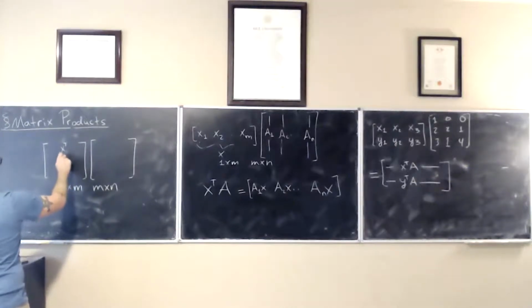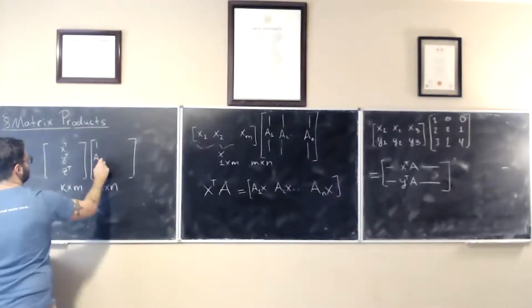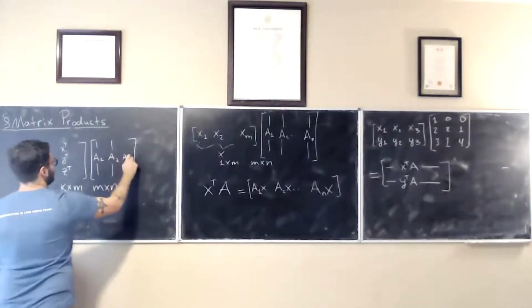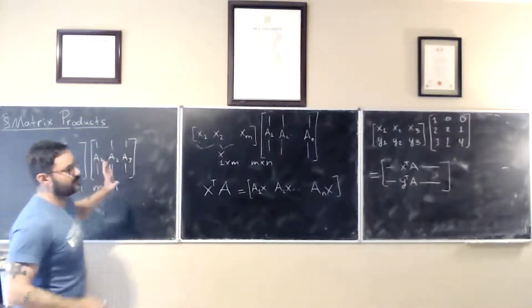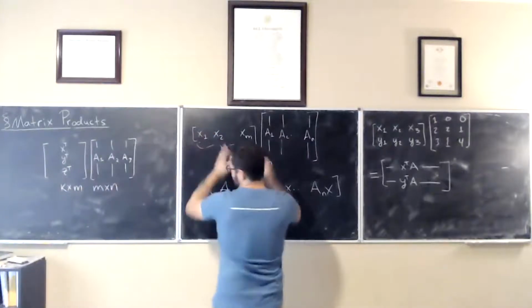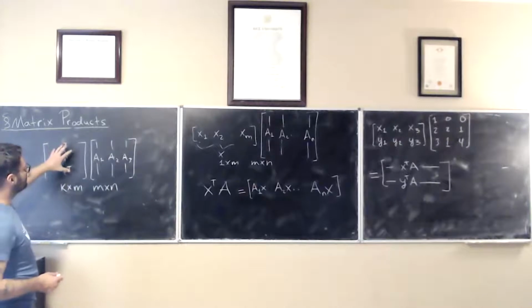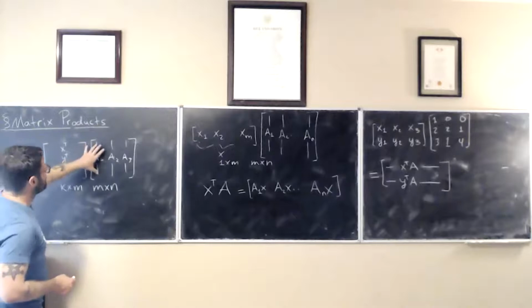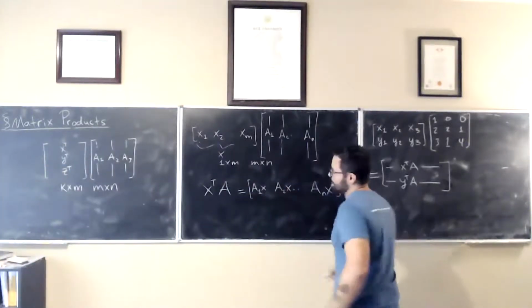So maybe there's X transpose, Y transpose, Z transpose, and A1, A2, A3. In the very first matrix multiplication picture I drew, we thought of the columns over here. We thought of a vector times a linear combination of the columns of the matrix on the left.